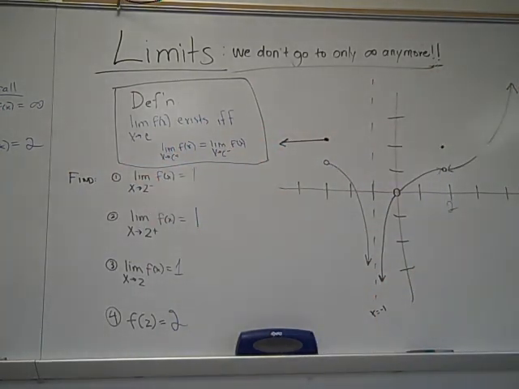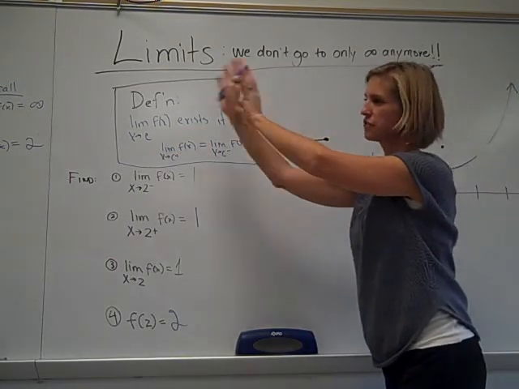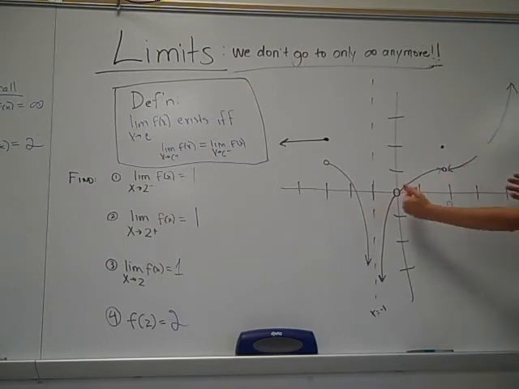The exception is infinity. When I look at infinity, it doesn't matter what's happening from the left and from the right. When I go to positive infinity, I'm only looking at what's happening as I approach it from the left. That's the only way we can approach infinity, is to go from left to right. And when I look at negative infinity, I'm only looking at what's happening from the right, because I have to go out that way if I'm going to hit negative infinity. But for any number in between, I need to look at what's happening from the left and from the right as I approach that x value, and that tells me what my limit is.